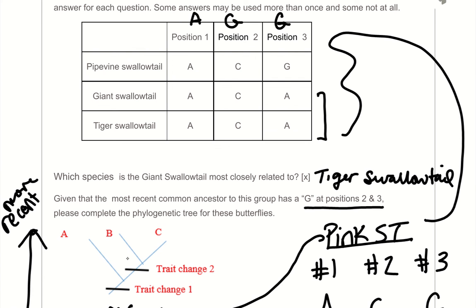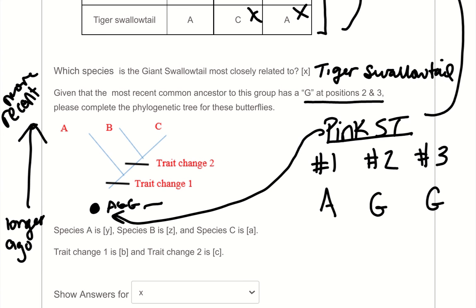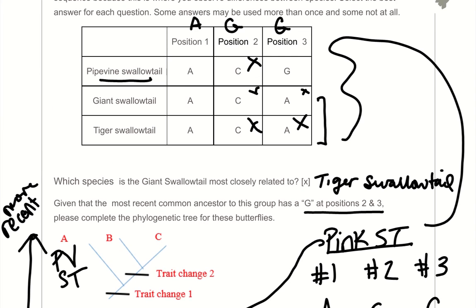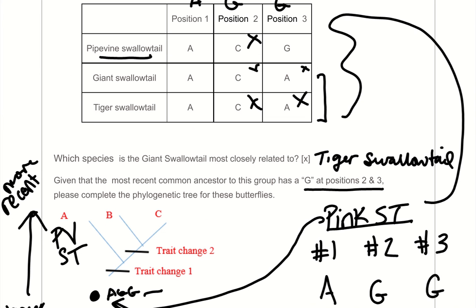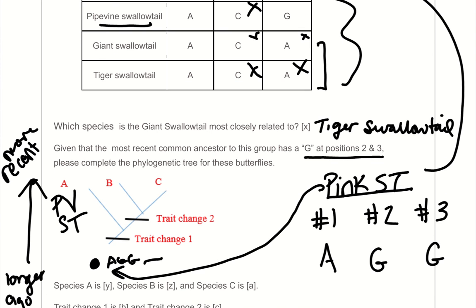I can see that there are two differences between these last two, right? But only one difference between the pipevine swallowtail. So the pipevine swallowtail is species A. And then as we move on, we can see that these two would be the following species after that.